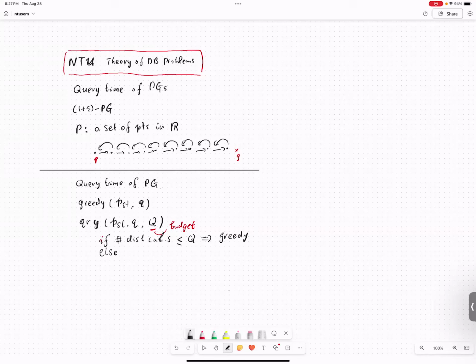Now, what is this star? Every time you see this star appearing, this means optimality. So this is the exact nearest neighbor of Q.